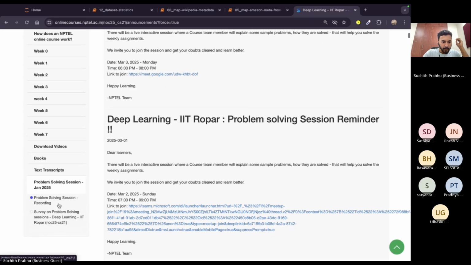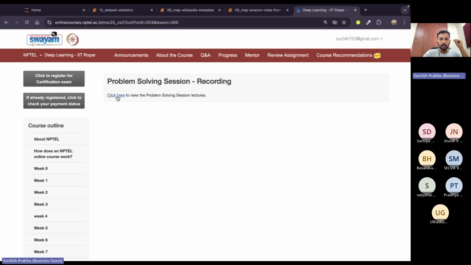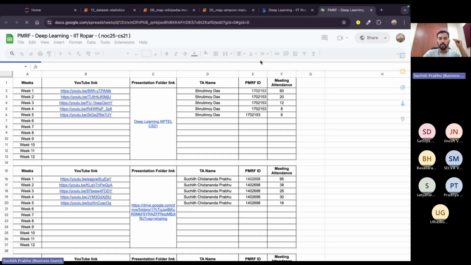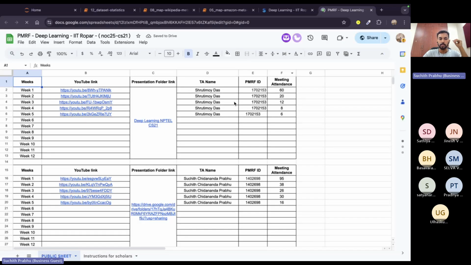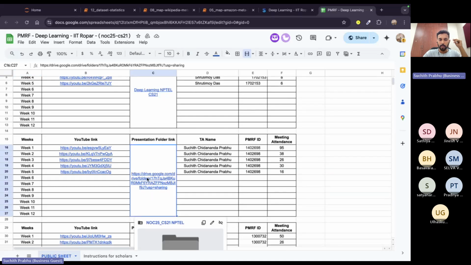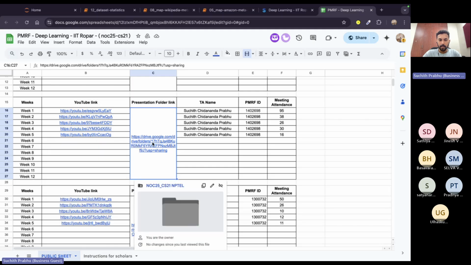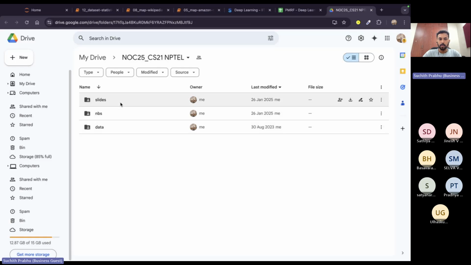If you press this link, you'll be redirected to this Google Sheet. I'm Suchit Prabhu, and over here I've kept all the documents, notebooks and slides that I uploaded after the session. You can get the link to the video lecture over here, and in this drive you'll get all the slides and notebooks.